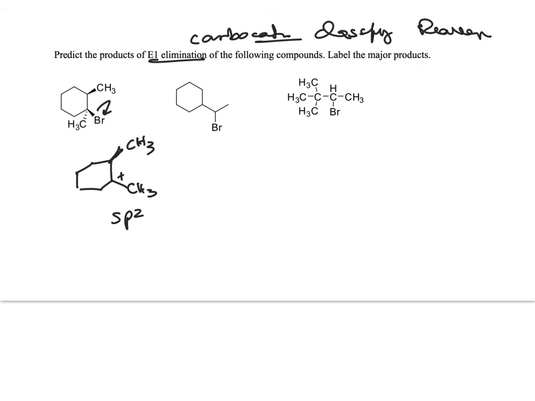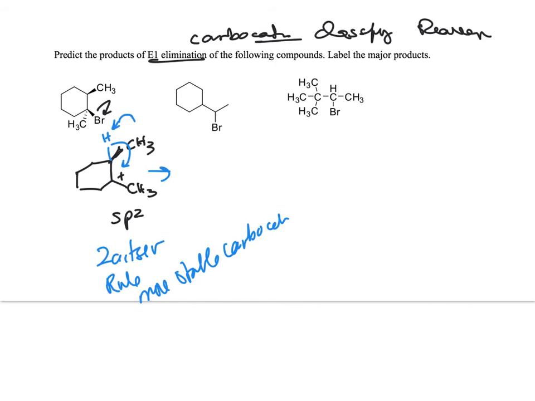Okay, elimination. So you always do Zaitsev's rule, and that's going to give you the more stable product. If you have this in methanol or whatever, then your hydrogen is going to get abstracted from here.